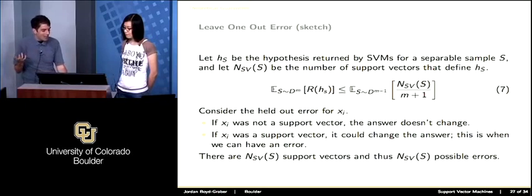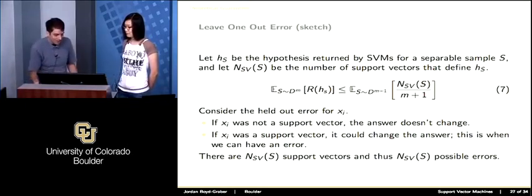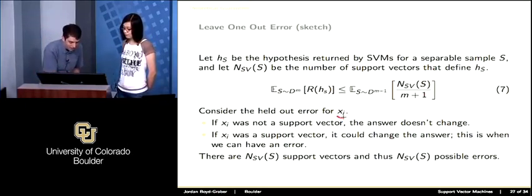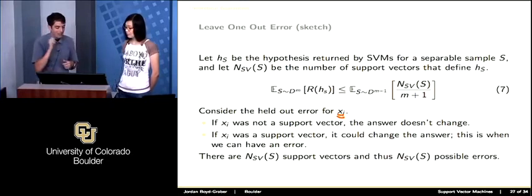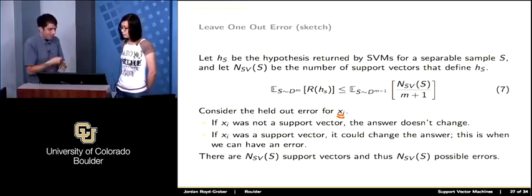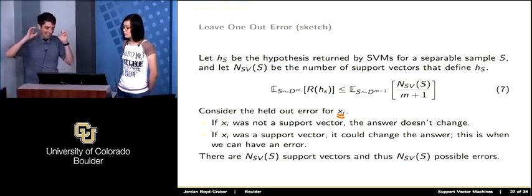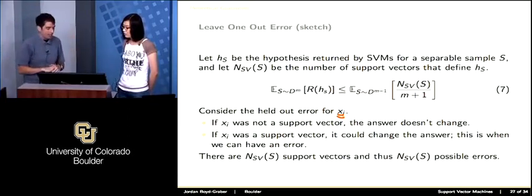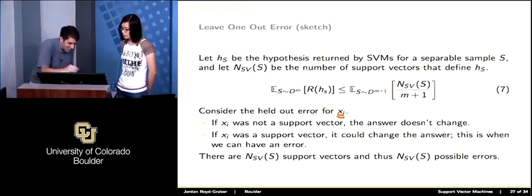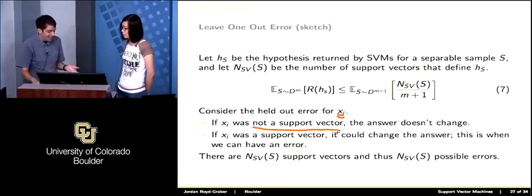And so that means that when we're trying to figure out whether we get a point wrong in leave one out error, there are two cases to consider. If it's a support vector, then bad things could happen. The margins could fall apart and we could be completely wrong. So everything could go up in smoke. But if it's not a support vector, nothing happens, and the answer doesn't change.